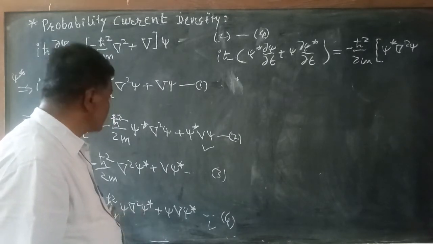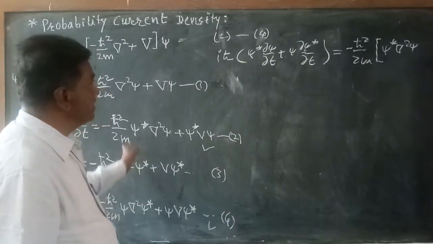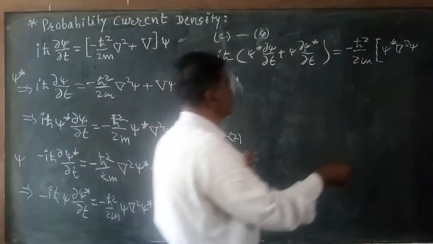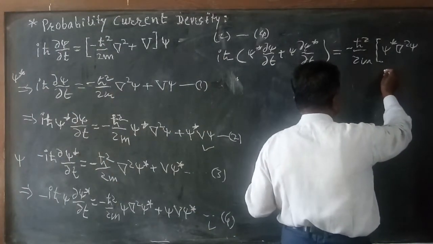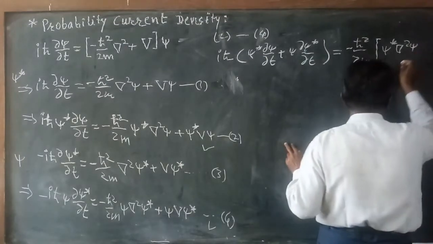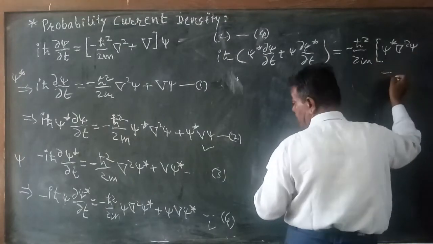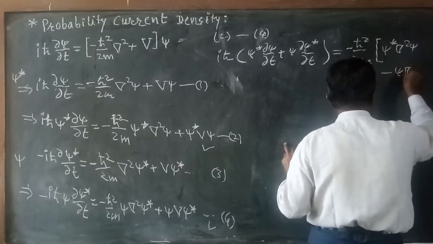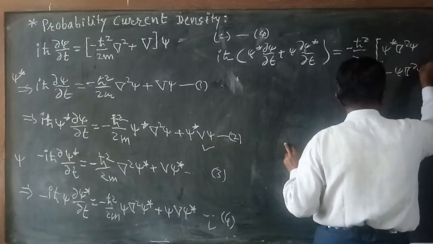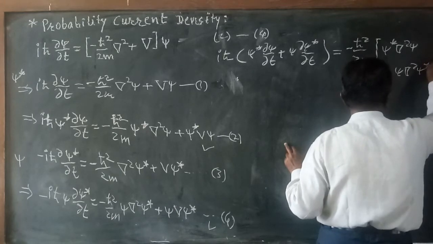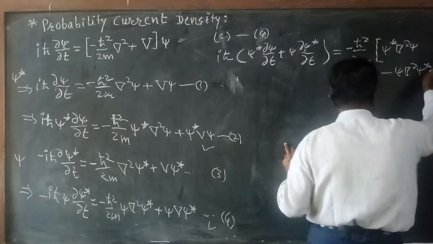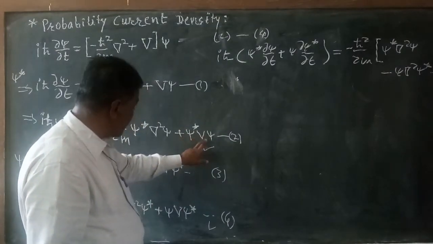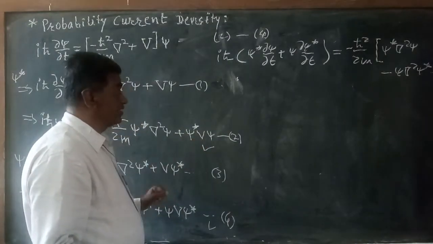We already have the minus sign, and the subtraction adds an additional sign, so we are getting this bracket complete here, and the remaining terms psi star V psi and psi V psi star.